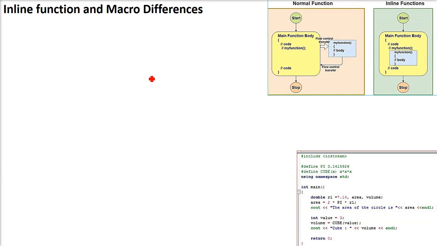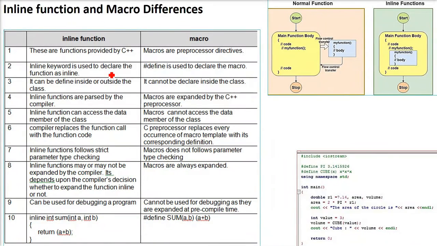Inline function and macro differences. What are the differences between the two? Both are almost the same, but the working is different. Let me tell you the difference one by one. Inline functions are provided by C++, by the language.